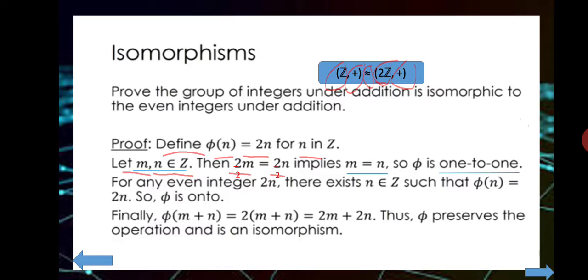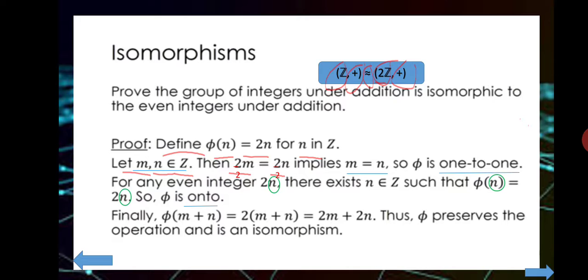Then for step 3, for any even integer 2n, there exists n, an element of the integers, such that phi of n is equal to 2n, so phi is onto.